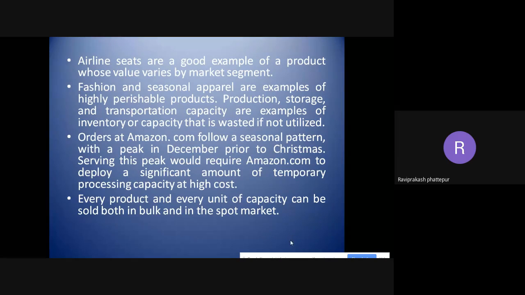Then we saw some examples like airline seats, where if you book these seats 2 to 3 months back, the price you are paying would be very low compared to booking in the last week or 2 to 3 days before the flight takes off. That means the price would be very high.